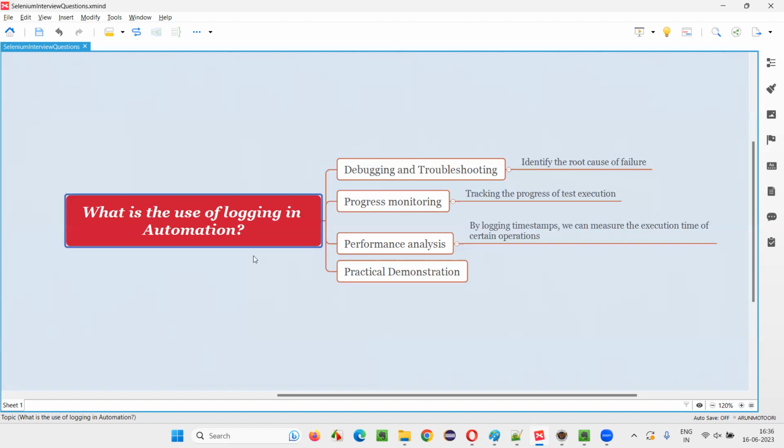So why is logging required then? What's the use? Without logging, the problem is you would need to sit before your computer all the time. Thousands of scripts are going to run day and night.